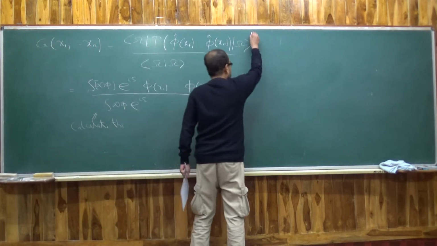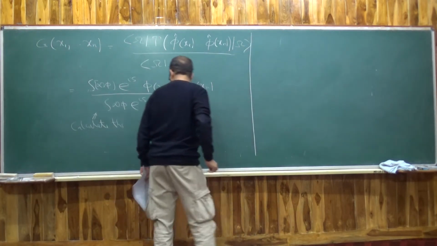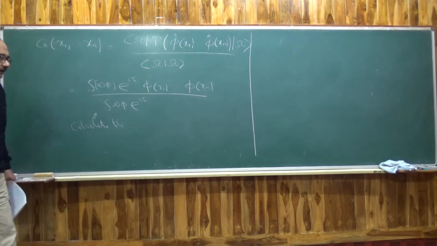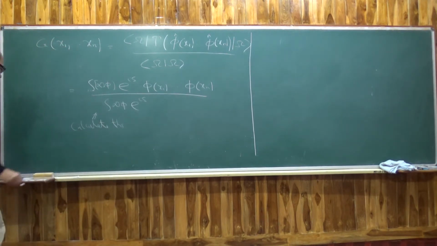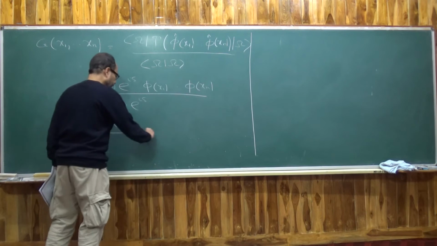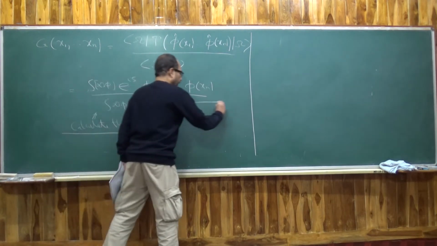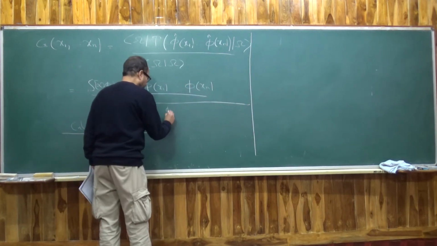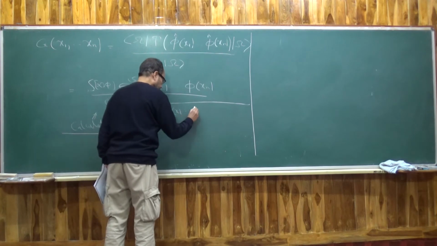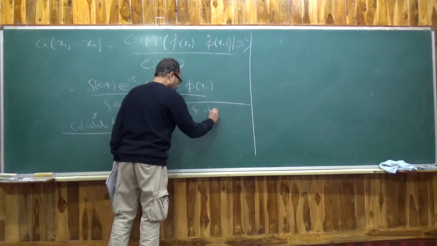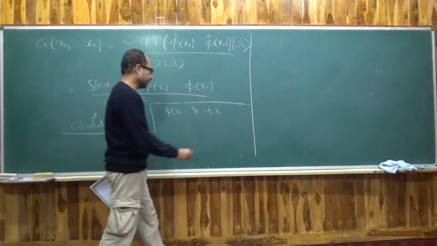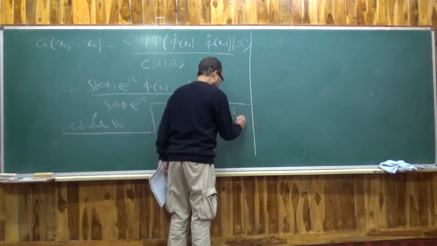To do that, let me introduce a few notations, in particular the concept of functional differentiation. Suppose you are given a function phi of x, where x stands for x and t.